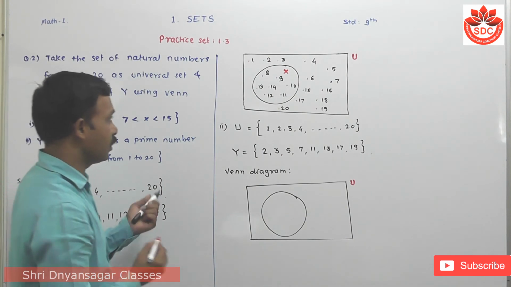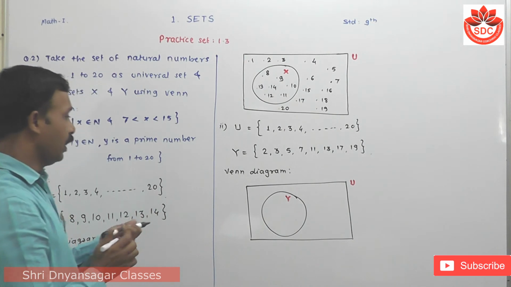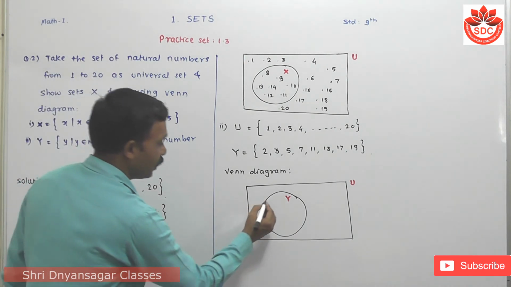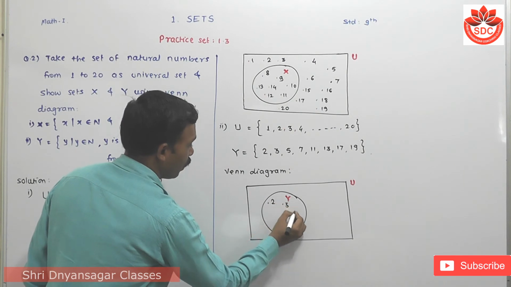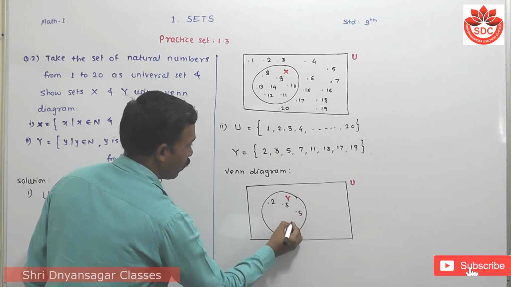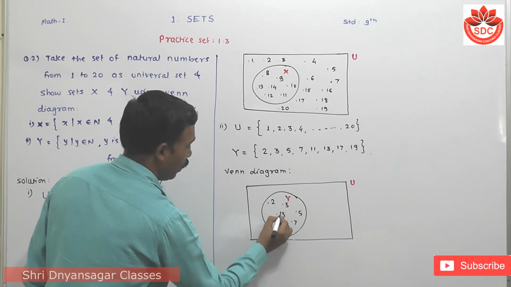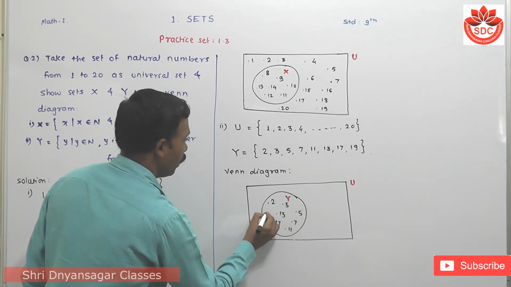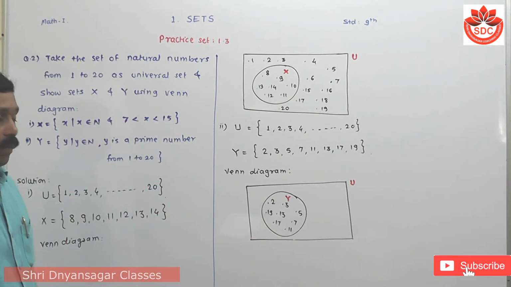Suppose that this is the set Y, containing the elements. First I will write all these elements: 2, 3, 5, 7, 11, 13, 17 and 19, which are present in set Y.